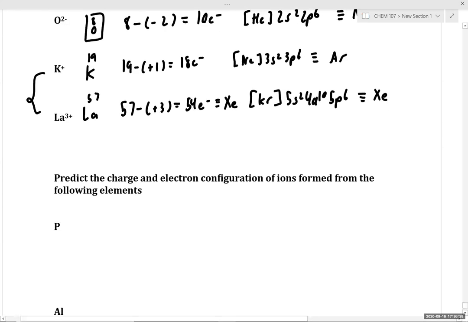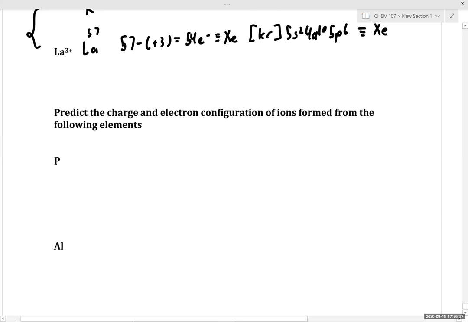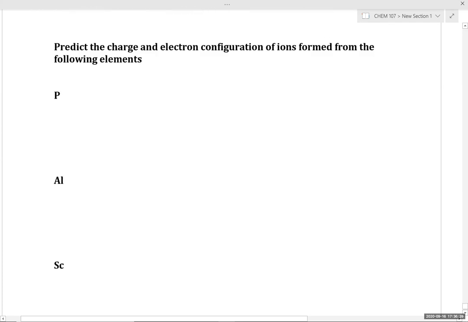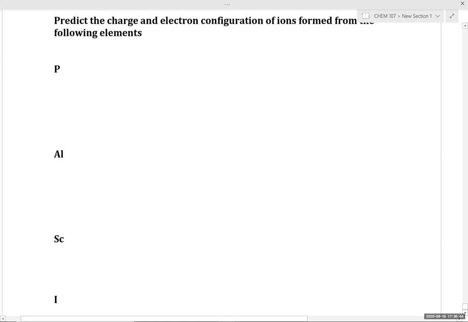Perfect. So what I'd like us now to do is look at the following set of atoms, and I'd like you to predict the preferred charge. I'll start us off and I'll do one of the more tricky examples.